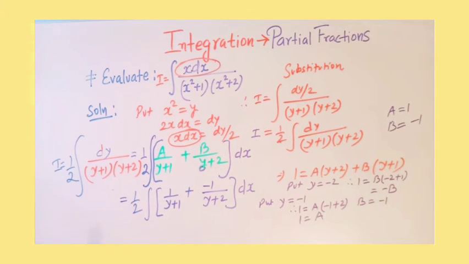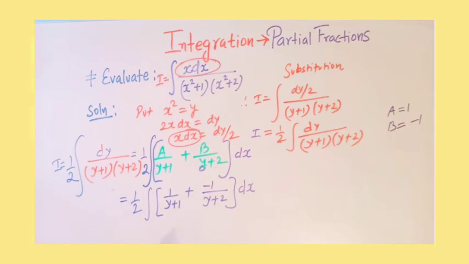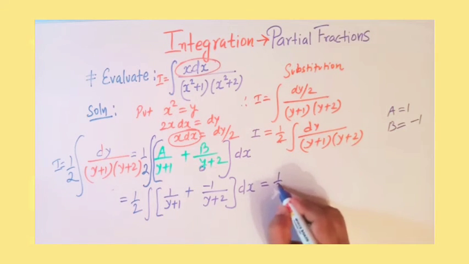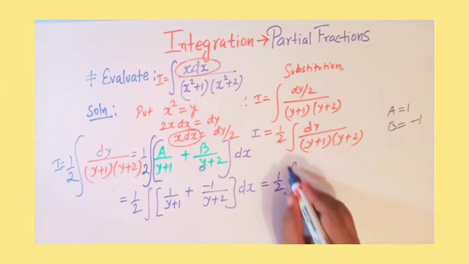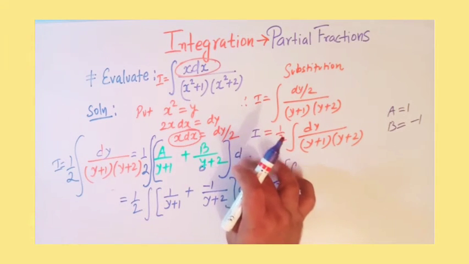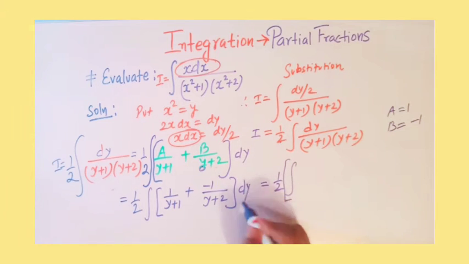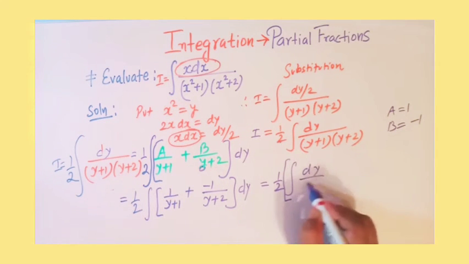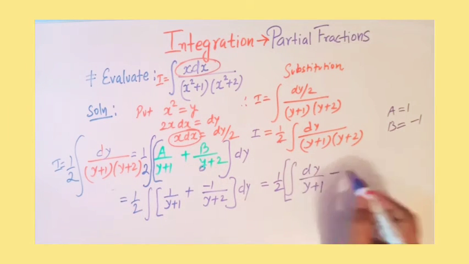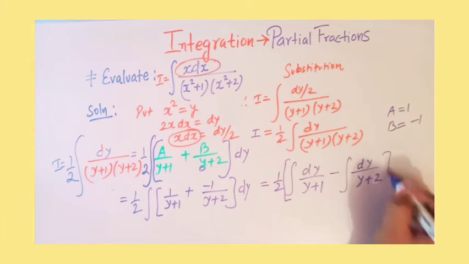Now this expression can be evaluated as half, the integral of dy over y plus 1, and then minus dy over y plus 2, right?